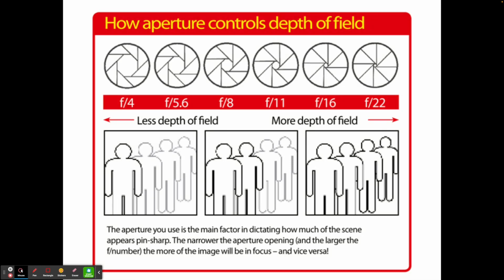So this shows you what the picture looks like depending on the f-stop. At F4, you have less depth of field, right? So whatever's in front is going to be clear, and whatever is in the back is going to be blurry. In order to do this, you need to take a picture of something up close. You can't just take a picture like this and expect whatever's in front to be clear and whatever's in back to be blurry.